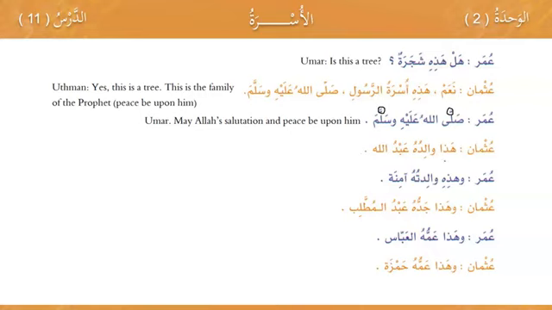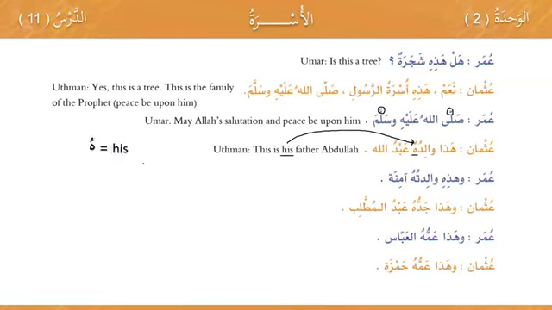Uthman: hadha waliduhu Abdullah. This is his father, Abdullah. So now you can see here the attached pronoun hu, which refers to his father. So when you look at the translation, you can clearly relate that the attached pronoun hu is used for his. Umar: wa hadhihi walidatuhu Aminah.